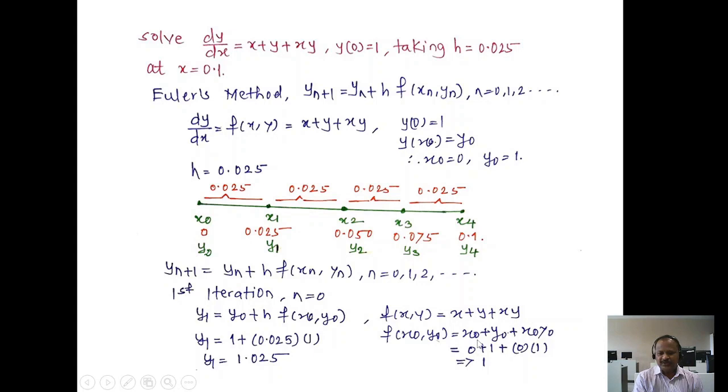All the values are known. x0 is 0, y0 is 1, plus x0 is 0, 0 into 1, so the final answer for this is 1. Now you can put this in the equation, so y1 = y0, y0 is 1, so 1 + h, the interval, which is the same, 0.025 into 1, so y1 becomes 1.025.